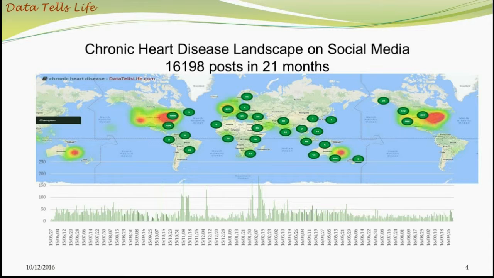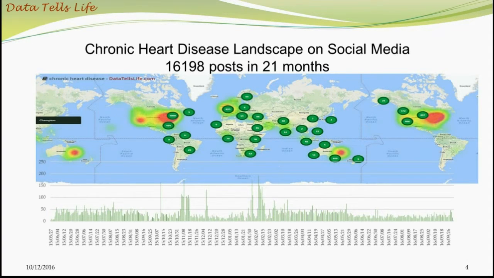We use chronic heart disease as one of the examples. We spent 21 months collecting the posts related to chronic heart disease on Twitter and Instagram to draw this disease map. You can see every green board means in that geographic area there is a post about chronic heart disease, and the number on the green board means how many posts have happened.